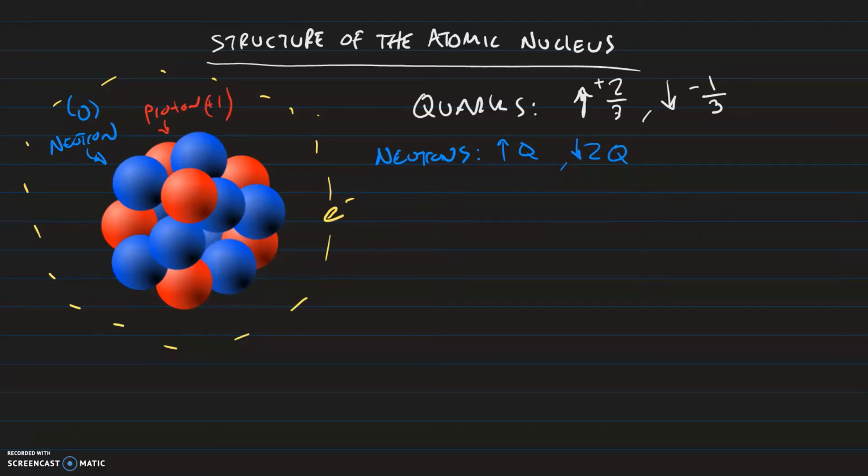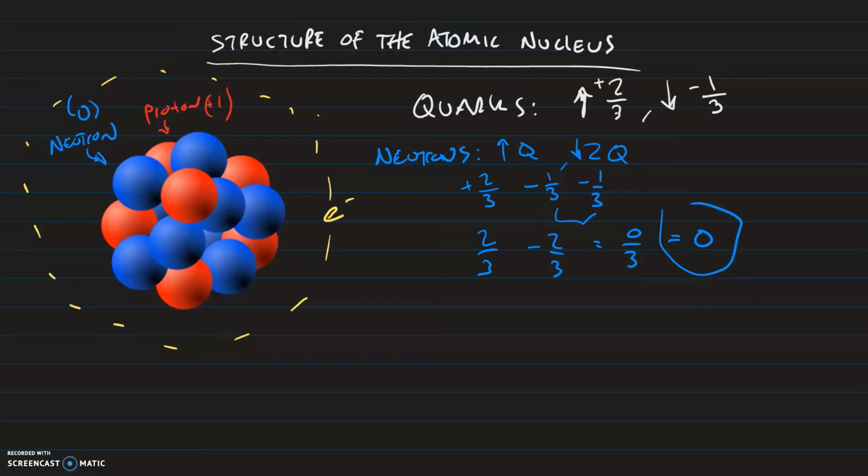So when we put this math together, we get a positive 2/3 charge minus 1/3 minus another 1/3. So we can take these two together and get 2/3 minus 2/3, which equals 0/3, and that leaves us with 0. This is why neutrons have a charge of 0.